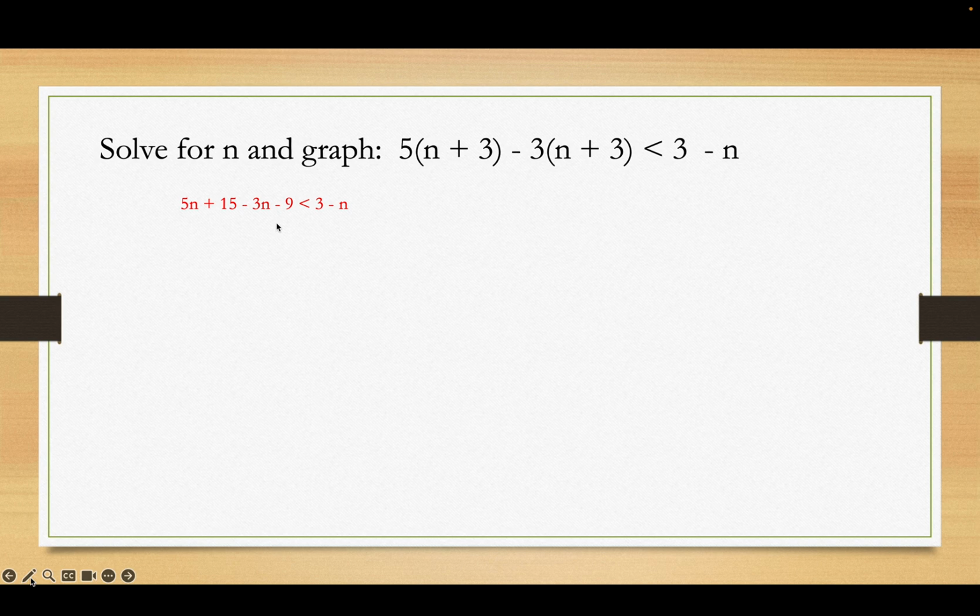Distributing the negative 3, negative 3n minus 9, less than 3 minus n. Same side, same operation. 5n's minus 3n's is 2n's. 15 minus 9 is 6. Less than 3 minus n. Always start with the smaller number of n's, so we add it to both sides. 3n, and then it should say plus 6 is less than negative 3.